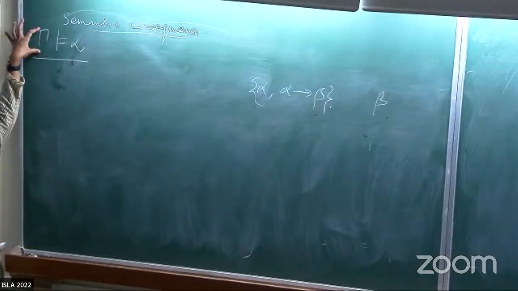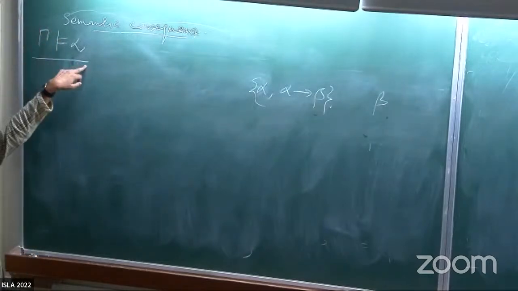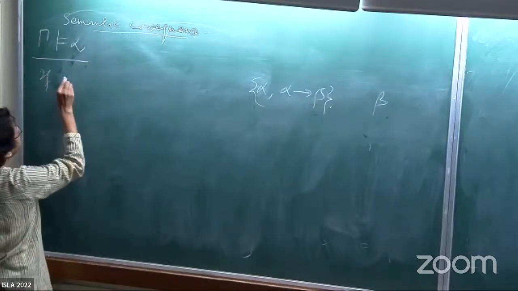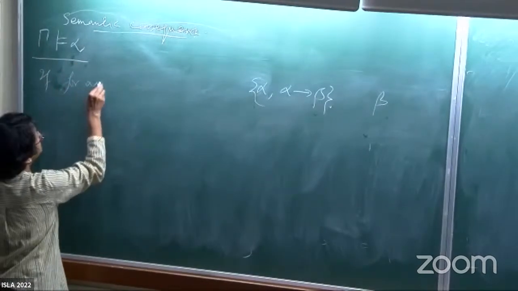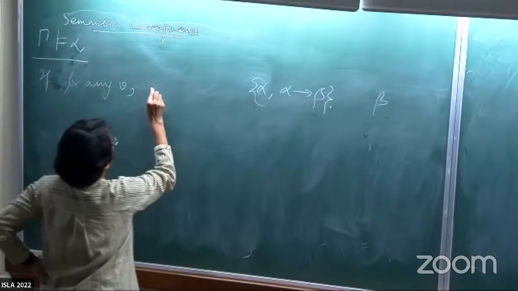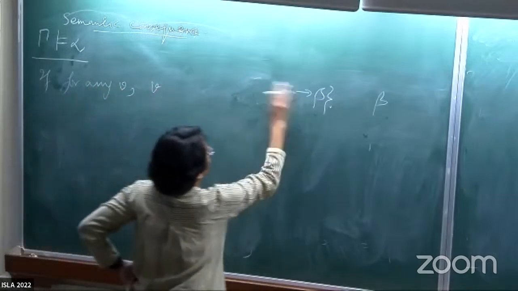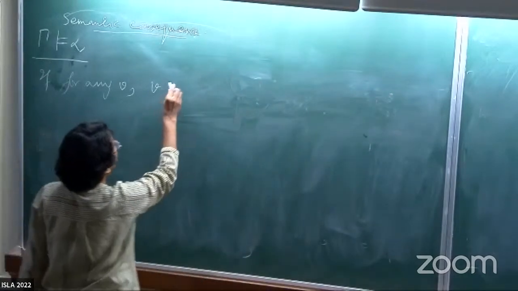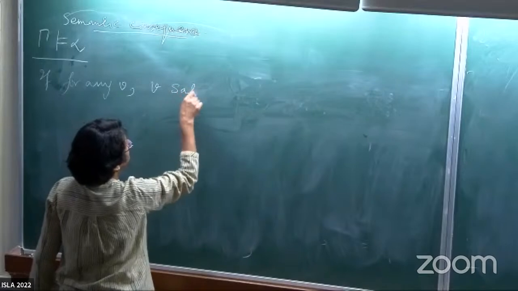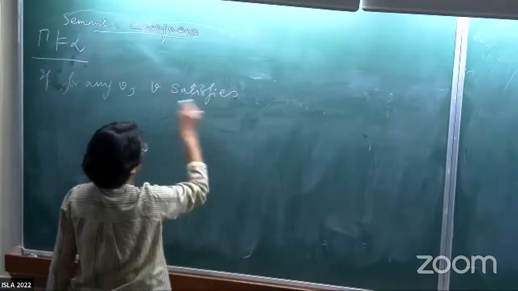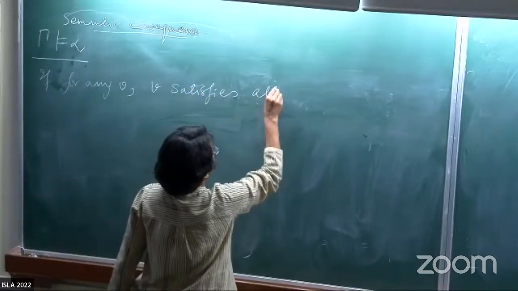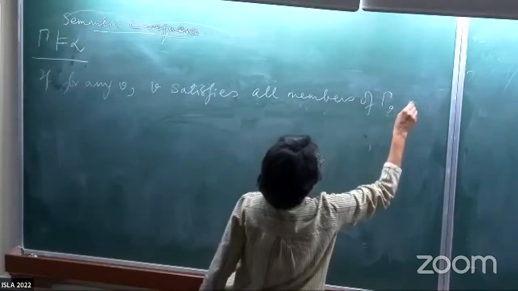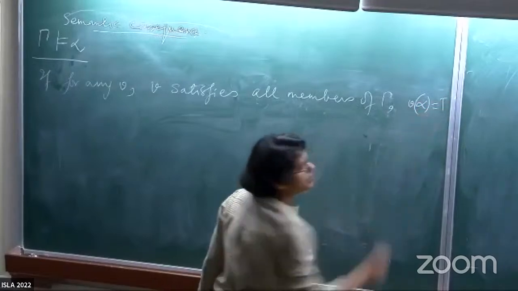So think of this as a collection of assumptions, based on which you get alpha, to mean that for any valuation V that satisfies, or makes true, all the members of gamma, then V of alpha must be true.